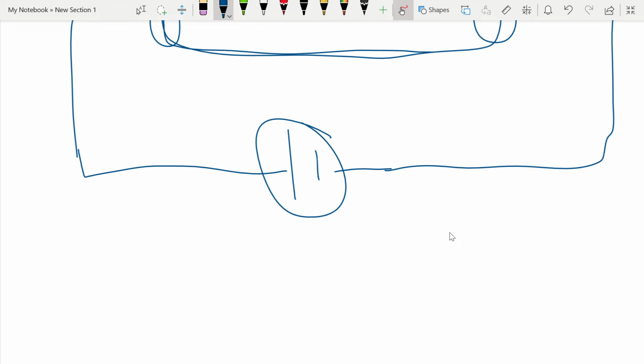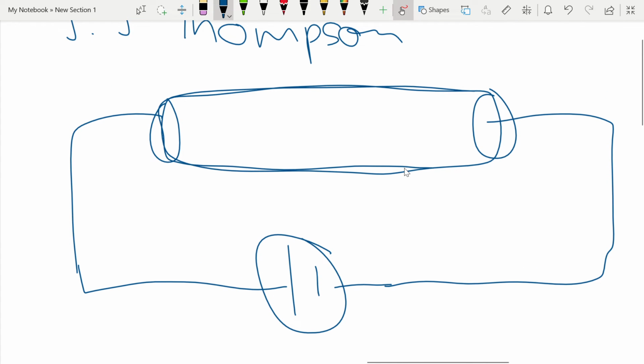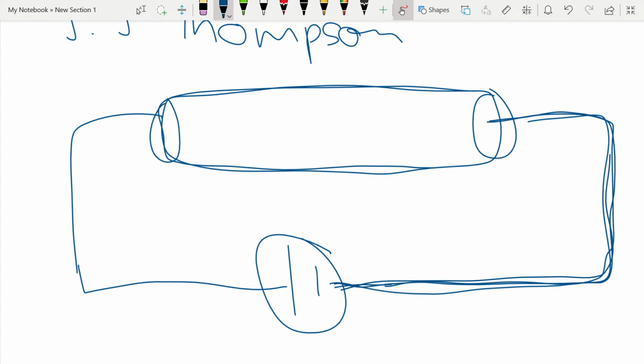Now, what he did was to pass electricity, because he knew that charged particles would flow through this wire once things are connected. Here is minus and here is plus. What he saw was that from the minus terminal, rays of light were shooting out.